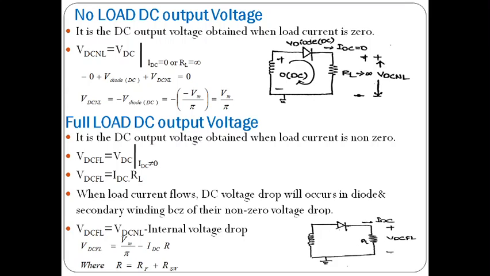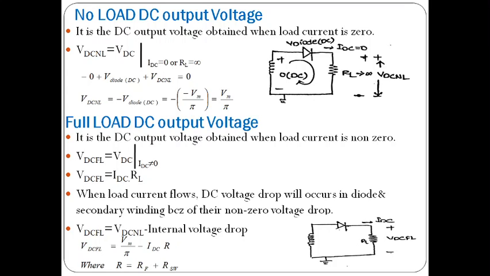So VDC NL is nothing but VDC when IDC equals 0, otherwise RL equals infinite. By applying KVL in the circuit diagram, it is equal to minus 0 plus V diode DC plus VDC NL. From that we can say VDC NL equals minus V diode DC. Minus of minus is plus, so it becomes Vm by π.